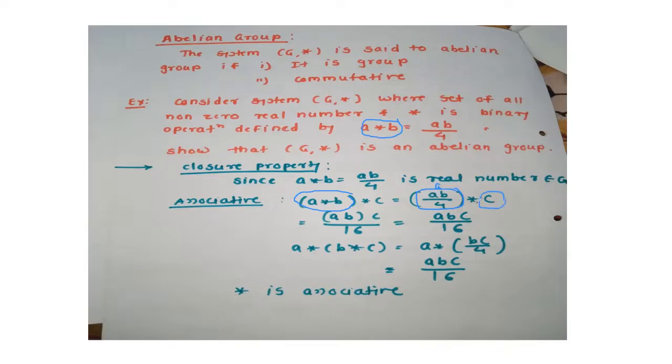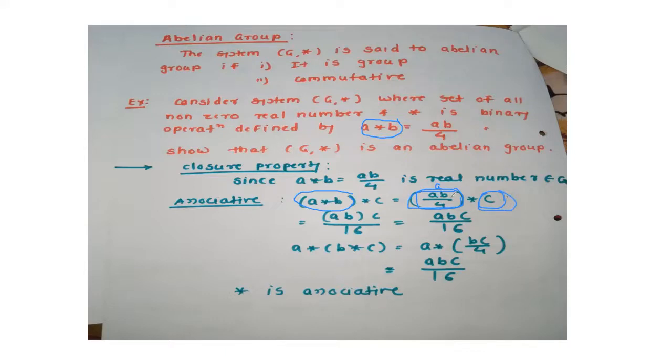As per our definition, when there is a star operation between two numbers, it is A star B, so we write the first times the second divided by 4.